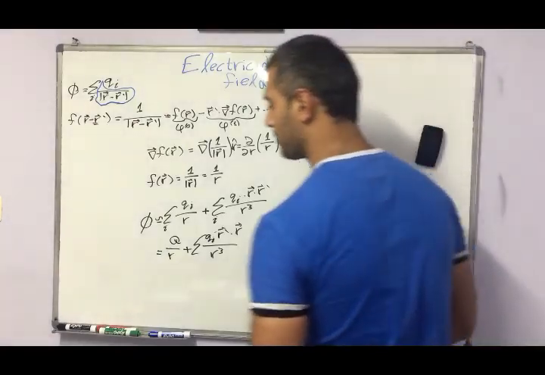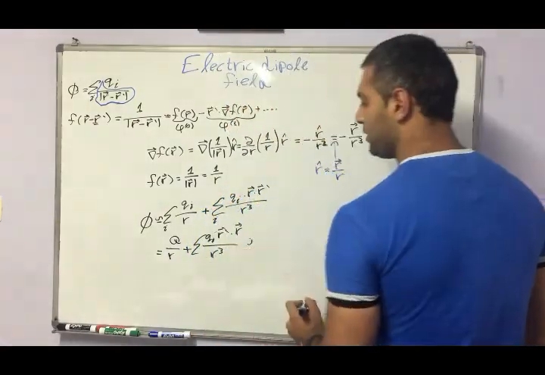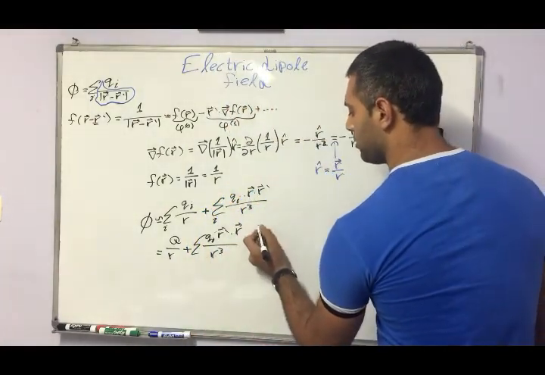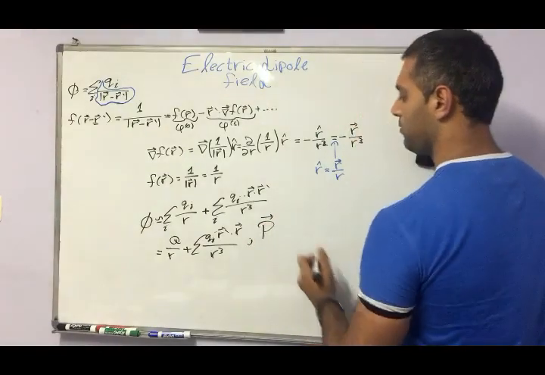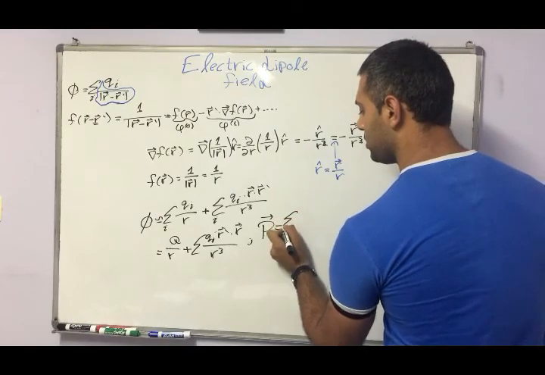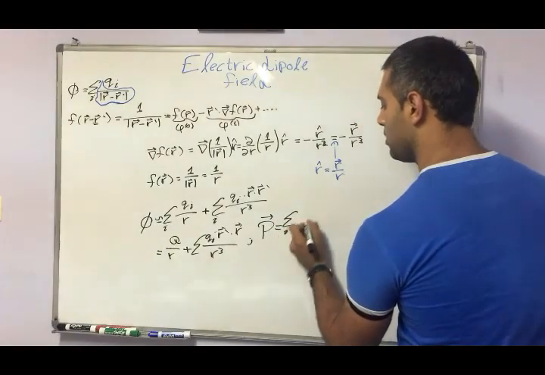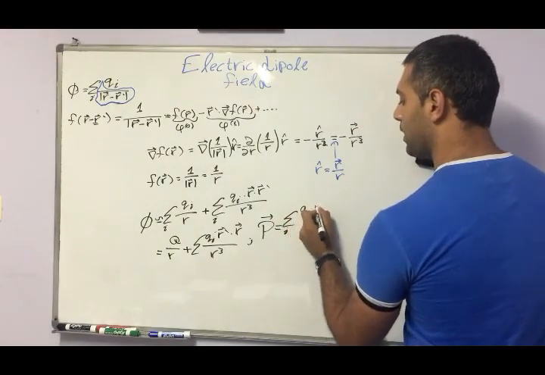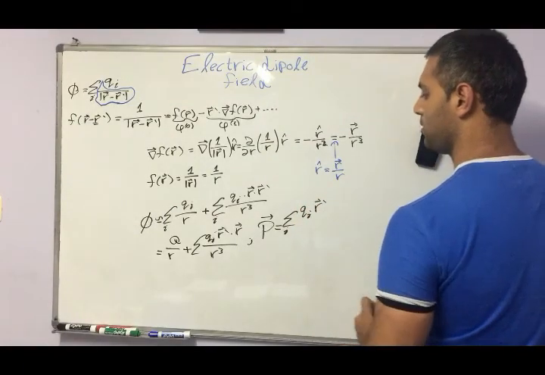Okay, I will define here this vector equals the summation of q_i r tag, that's it.